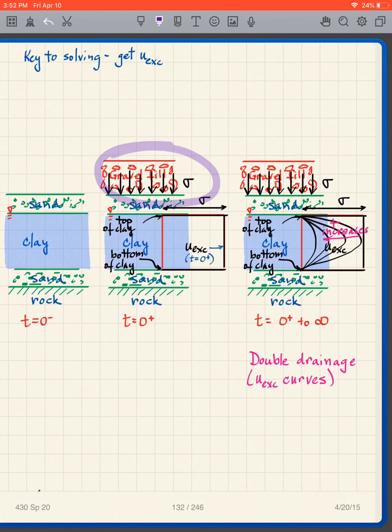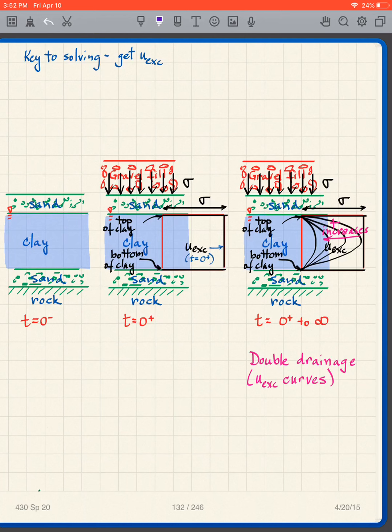Stress caused by the fill, I'm just going to call it sigma. So that means that at t equals 0 plus, everywhere in the clay layer, from the top to the bottom in the middle, the excess pore pressure is sigma.